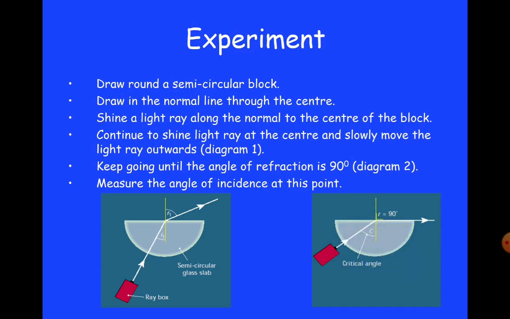Now, this is very important. When the angle of refraction is 90 degrees, we get the critical angle. And this is where we measure the angle between the light ray and the normal. This is normally an experiment that we do in the class, and it's very clear to see when the light ray shines on this semi-circular block when you will find the critical angle.